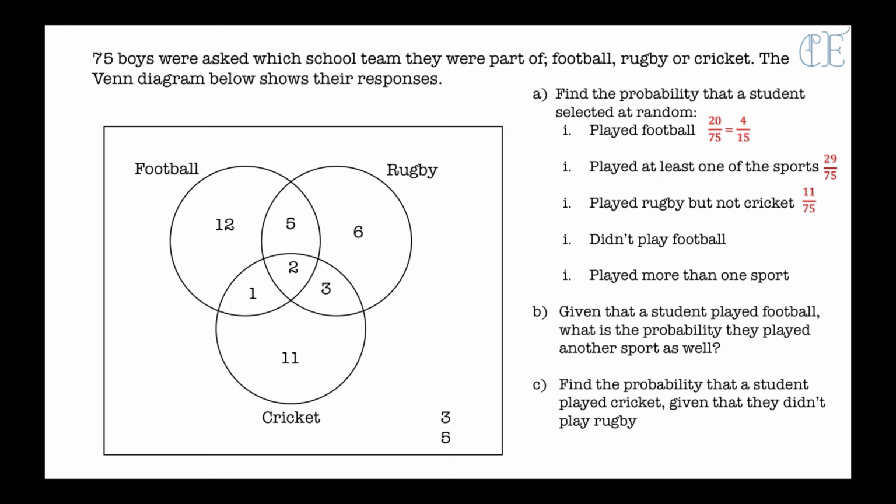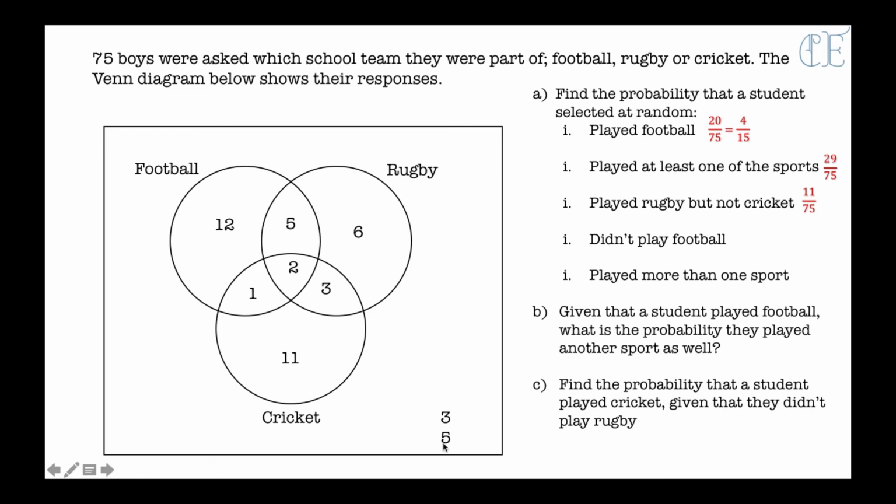The probability that they didn't play football: well, if they didn't play football, then they played everything else, including those that didn't play any sports at all, which means we have to add all of those together. So you have the 6, the 11, the 3. We can't choose anything inside this circle.